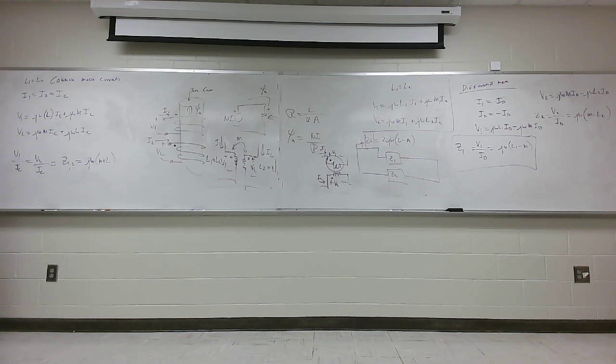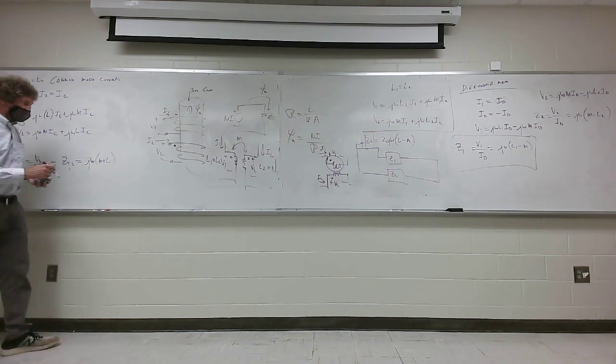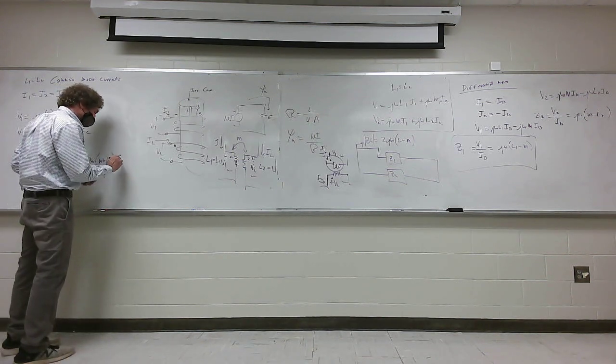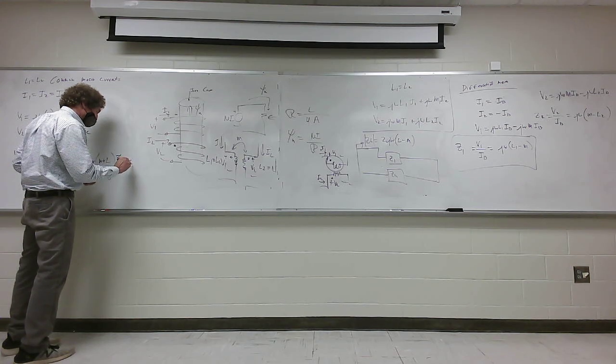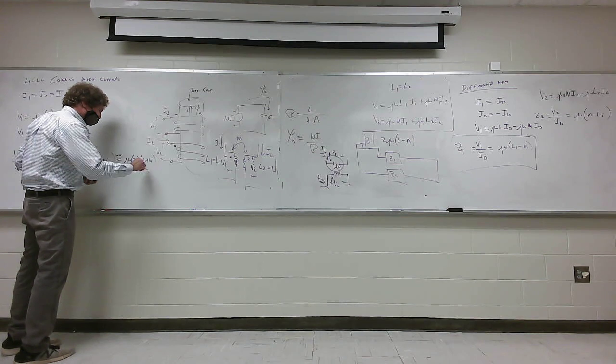So when you have common mode, there's not a subtraction of the mutual from the self. It's an addition. And generally speaking, because L is about M, this is about equal to j omega times 2 times (L plus M).